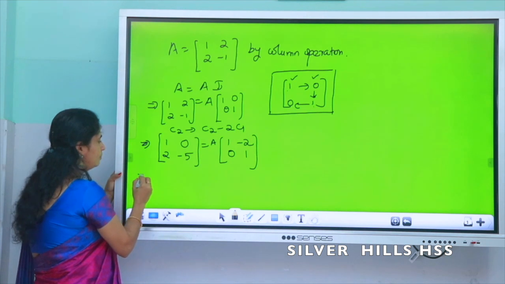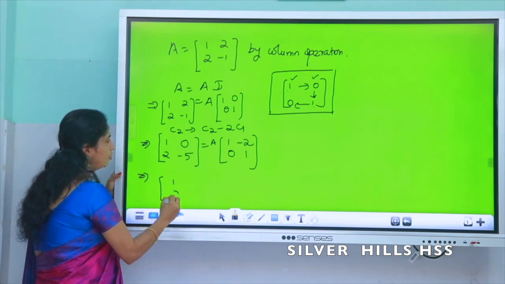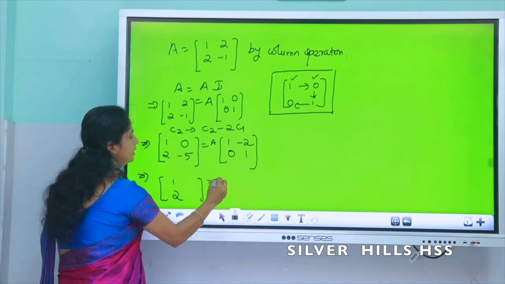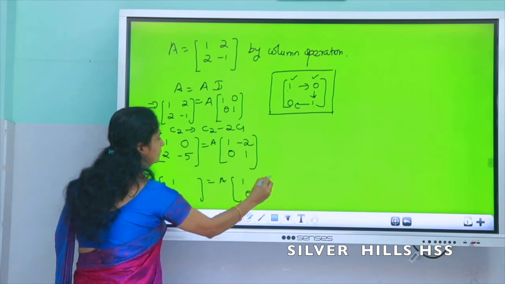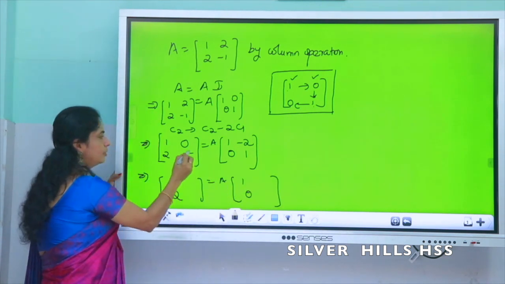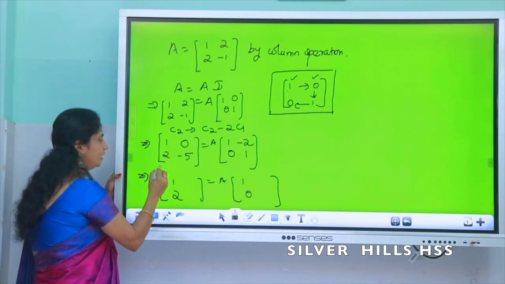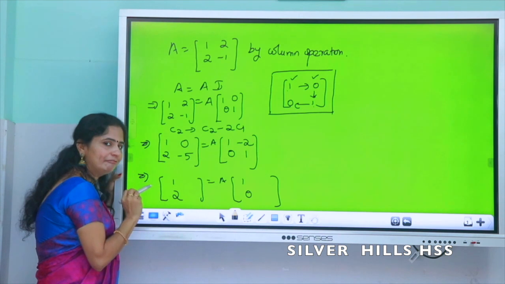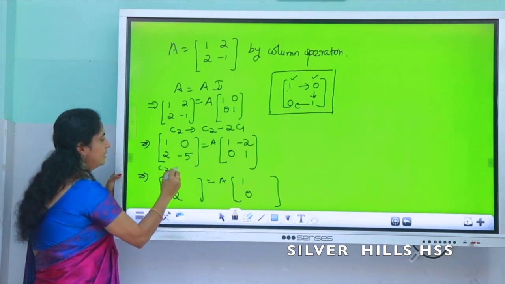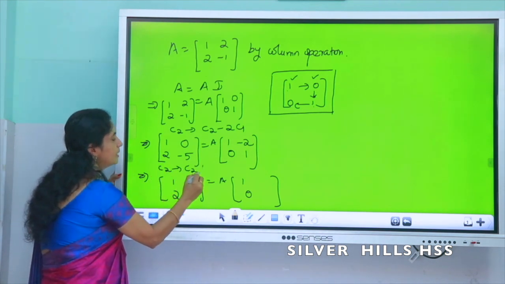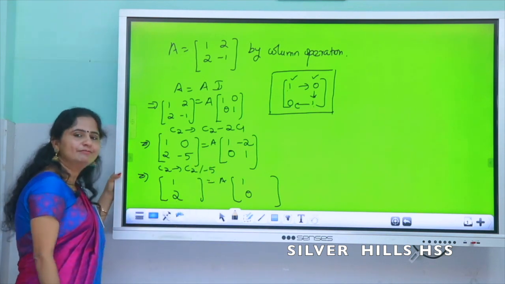Now we have to make this as 1. The second column is going to be changed. So we are not going to make any change in the first column. In the second column, this value minus 5 should become 1 there. So what can we do? This 0 should not be affected. So the only possibility is C2 becomes C2 divided by minus 5.